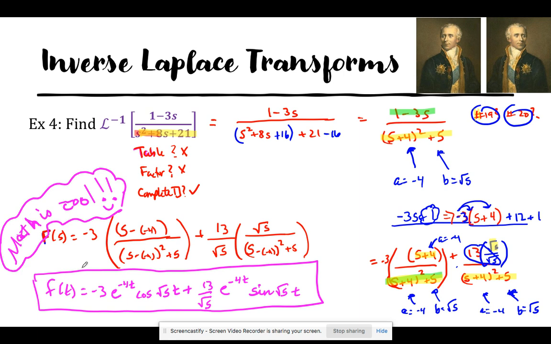Pretty darn neat. All right, so I've given you some problems to do in the book that practice this. And honestly, the whole idea behind Laplace is to get to algebra. But the algebra is pretty substantial, and it gets even more substantial fairly quickly.